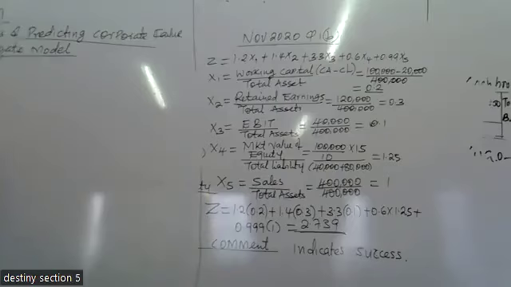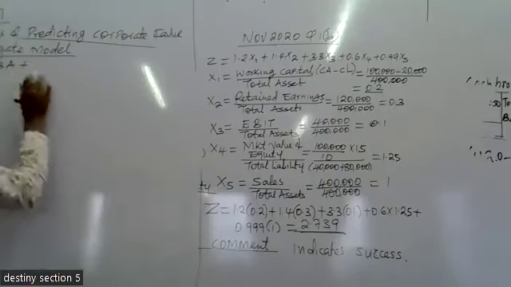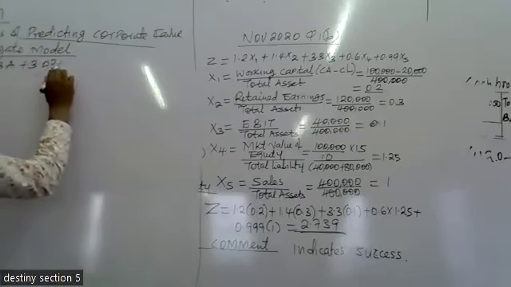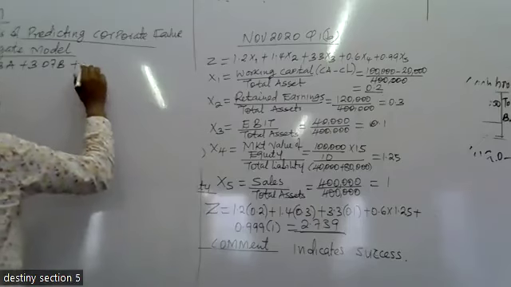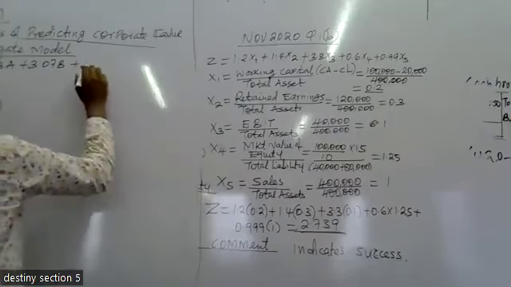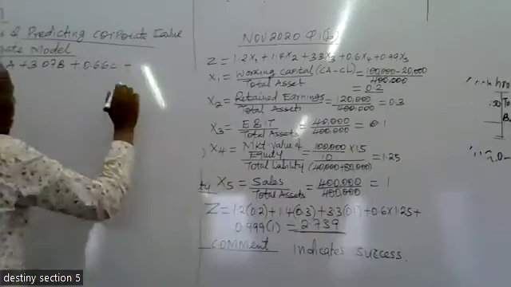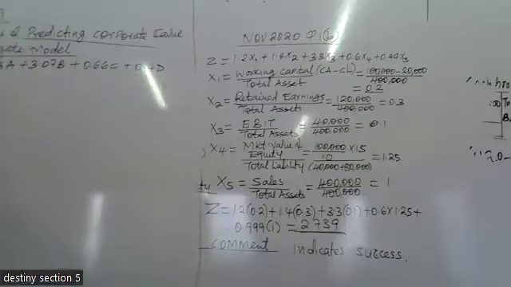Now, for the Springate model it is 1.03A plus 3.07B plus 0.66C plus 0.4D.